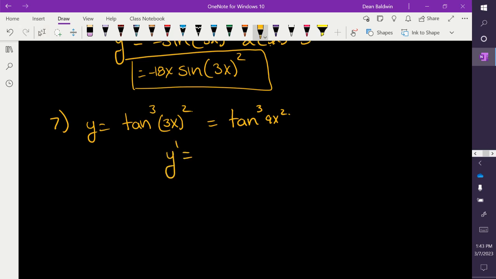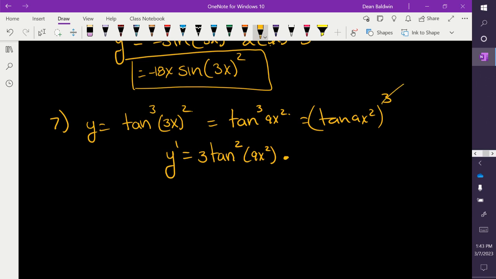So what's the outside function? The cube. So you drop the 3 down because this means that. So the 3 falls down in front. And then you get tan to the power of 2 of 9x squared times, what's the next function in?